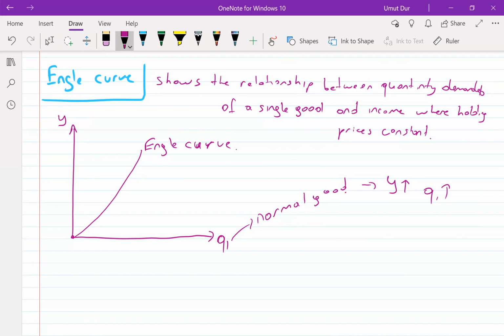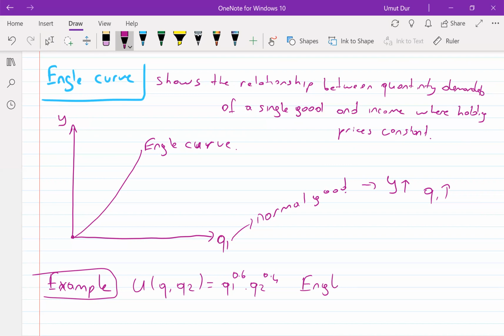So let's do one more example before we leave for the break. Let's try to derive the Engel curve for the Cobb-Douglas function. Let's say that our utility is given as Q1 to the power 0.6 times Q2 to the power 0.4, and we would like to derive the Engel curve for good one.